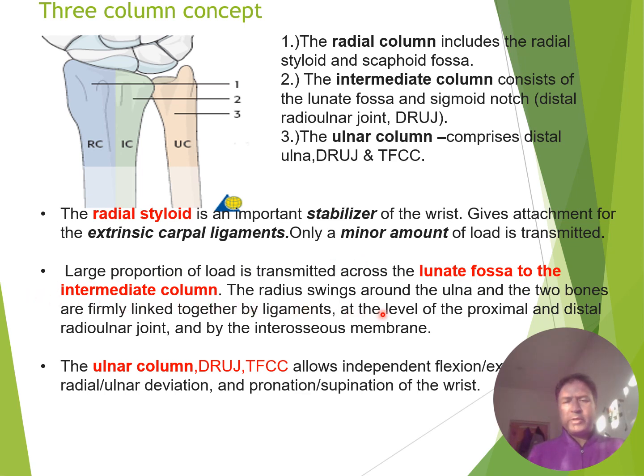The radius swings around the ulna, and the two bones are firmly linked together by ligaments at the level of the proximal and distal radioulnar joint and by the interosseous membrane. The ulnar column, UC, with the DRUJ and TFCC, allows independent flexion, radial and ulnar deviation, and pronation and supination of the wrist.